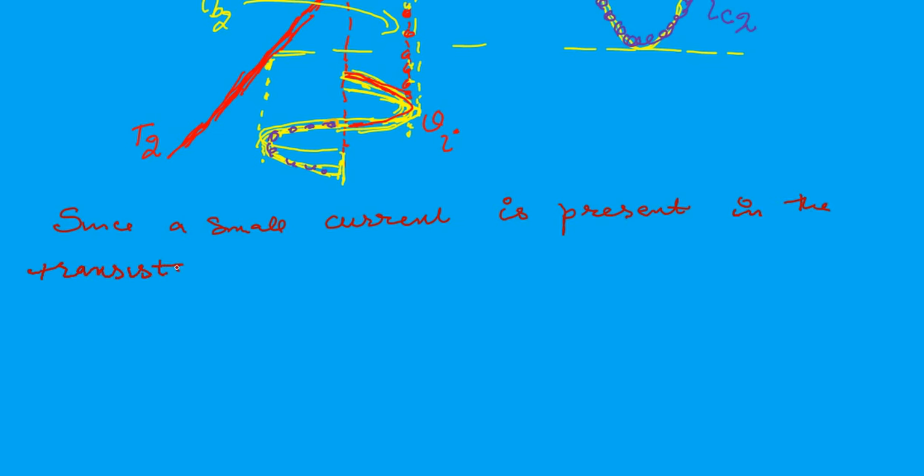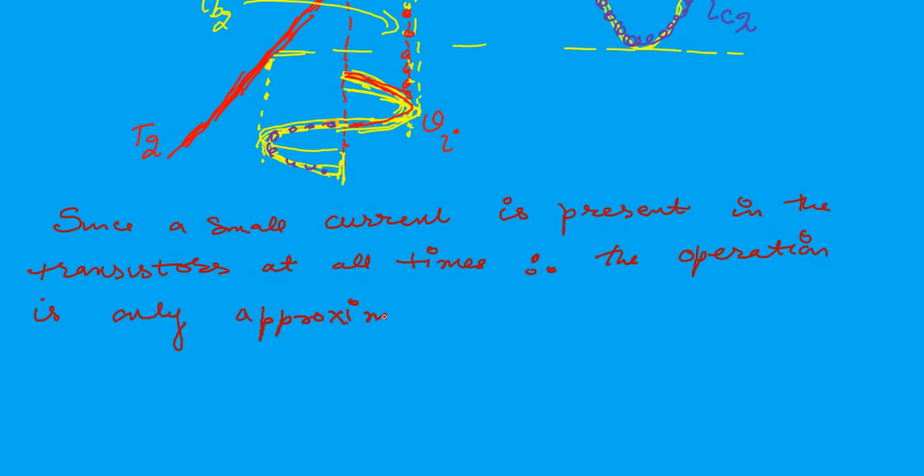So small current is present in the transistor all the time. The operation is not exactly class B, it is approximately class B now.